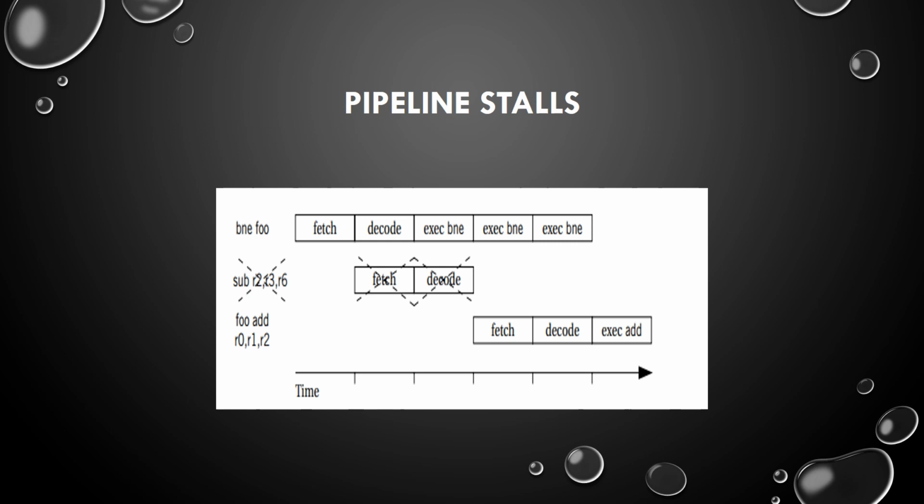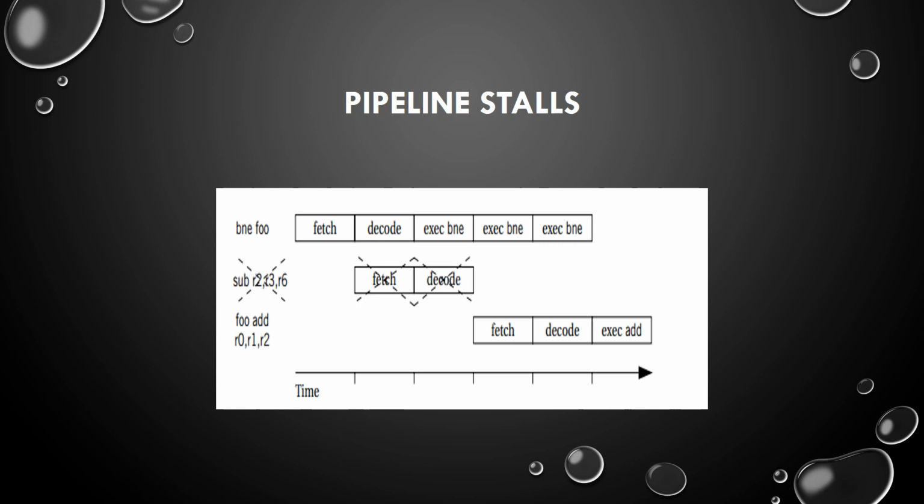During that time, the second instruction, which is next to the BNE instruction, has started executing. It started its fetching and decoding operation. So once the first instruction finds where it has to go, whether it has to take the branch or not, the subtract instruction's fetching and decoding is already completed.